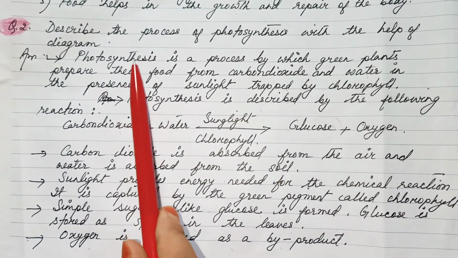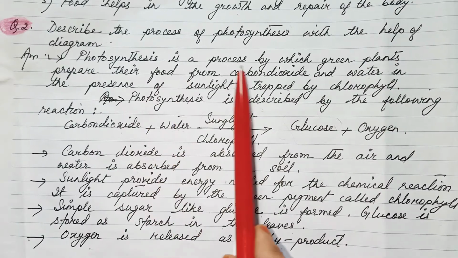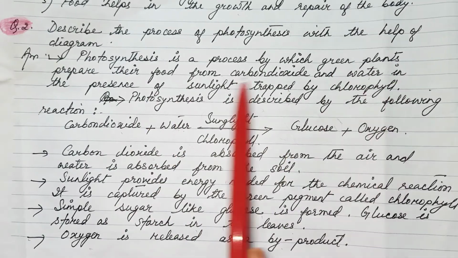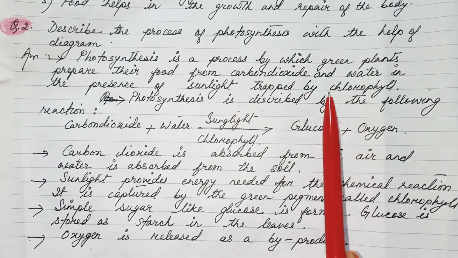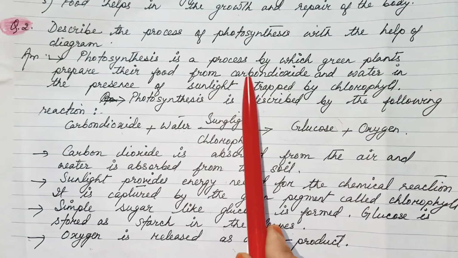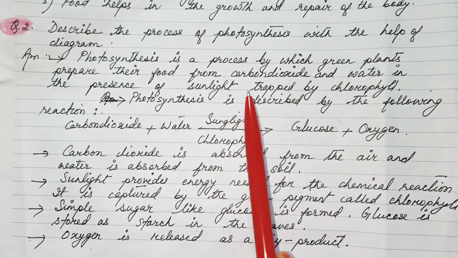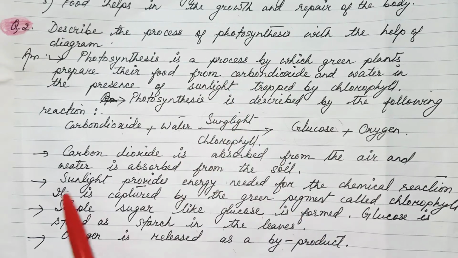So here the answer is, photosynthesis is a process by which green plants prepare their food from carbon dioxide and water in the presence of sunlight trapped by chlorophyll. Chlorophyll is a green pigment present in the leaf. Sunlight, carbon dioxide and water are the main essential raw materials necessary for photosynthesis.